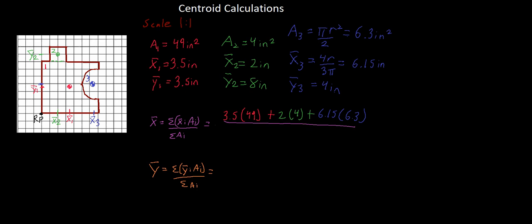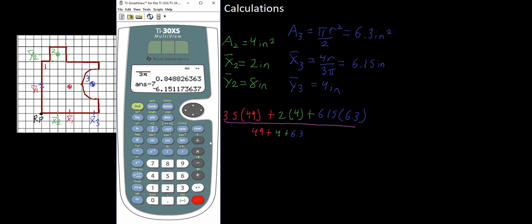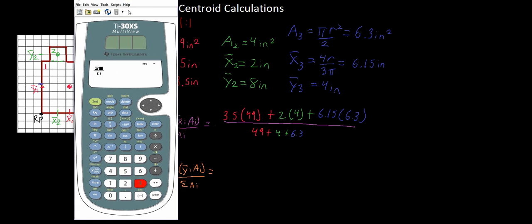We're going to divide that by the sum of all areas. So that's just 49 plus 4. Let me get the colors here to keep it color coded. Plus the last area is just rounded off to 6.3. And so to calculate this, let's go ahead and type it in our handy dandy calculator. Let's put it in numerator over denominator to keep our lives easy. Let's say 3.5 times 49, plus 2 times 4, plus, oops, don't hit enter.